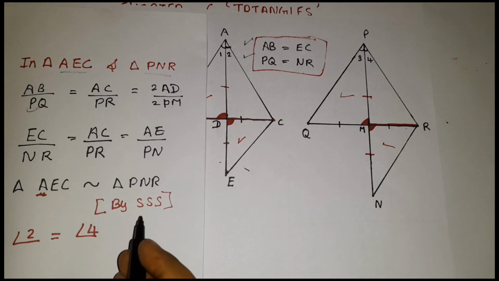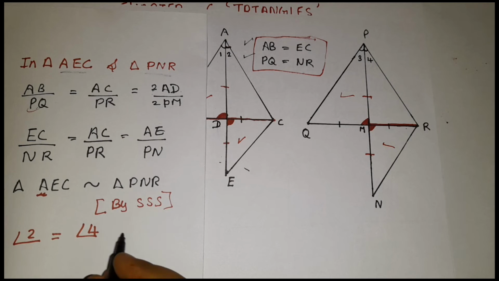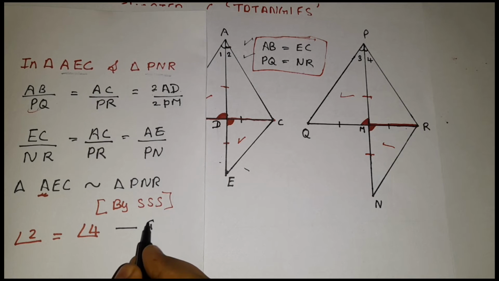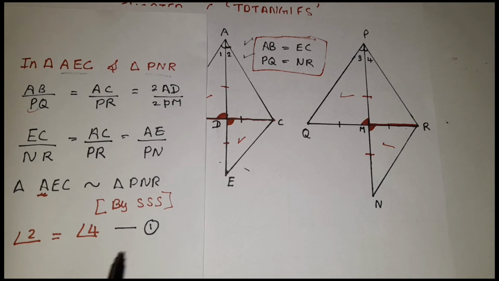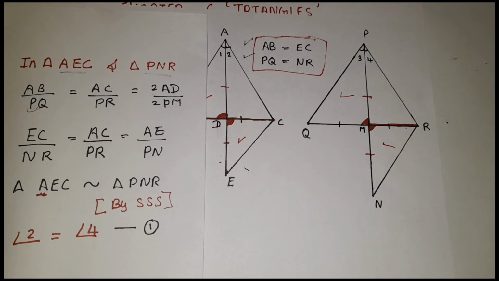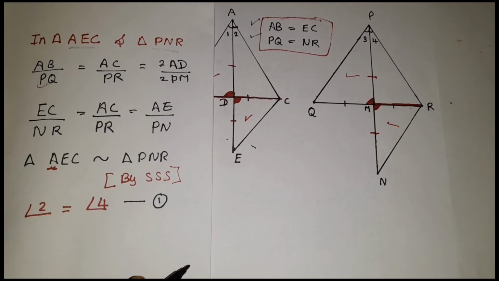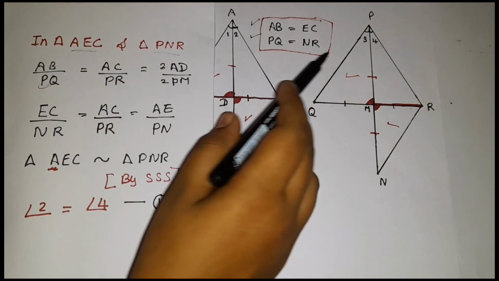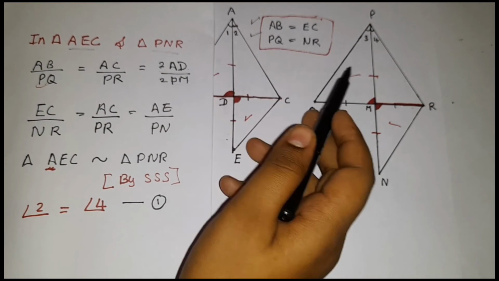I can write it as equation number 1. There is a reason why I am writing it as equation number 1. Similarly, if I write angle 2 is equal to angle 4, what about angle 1 and angle 3? Then I can say they both are also equal, right?